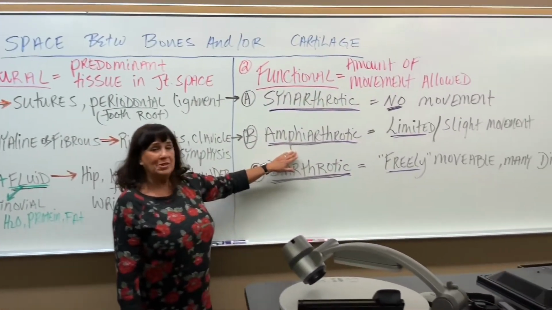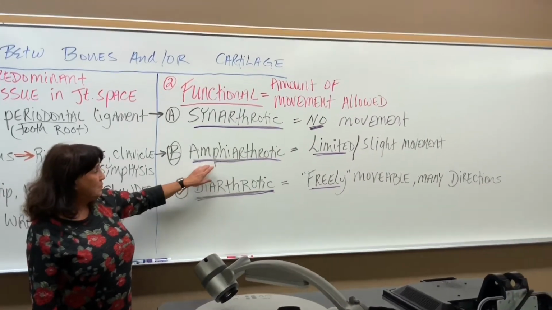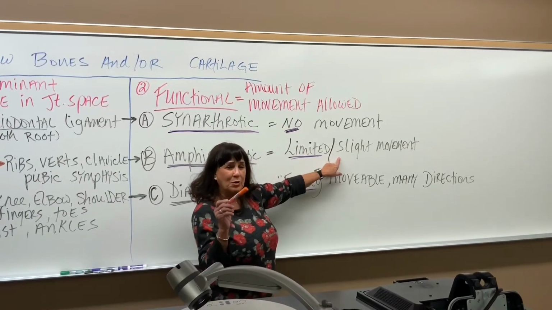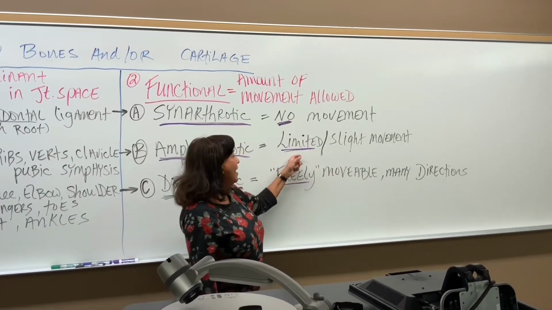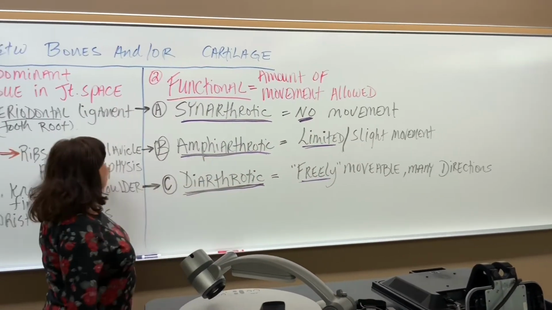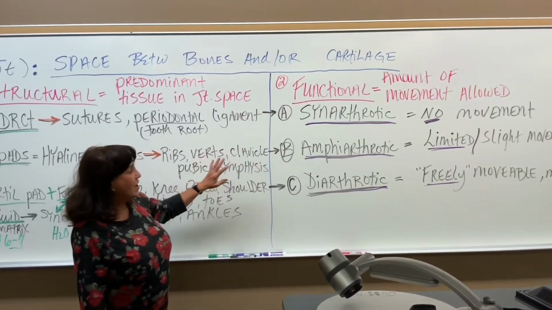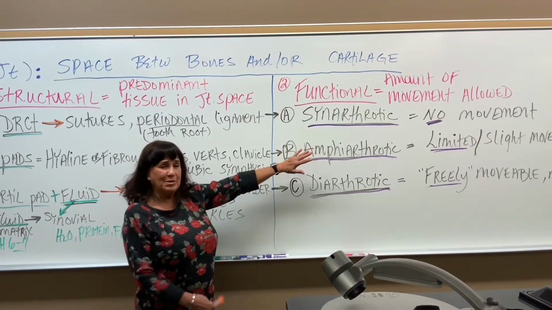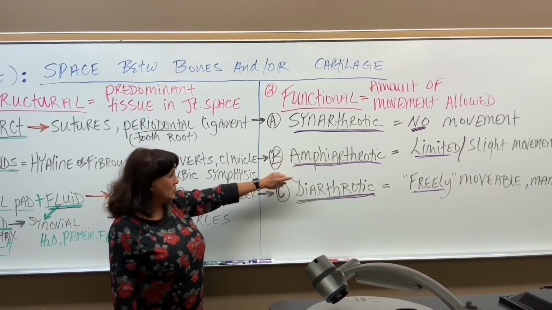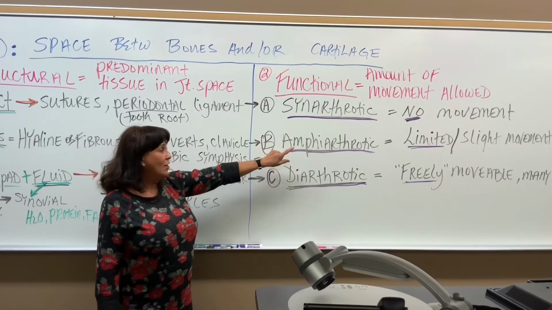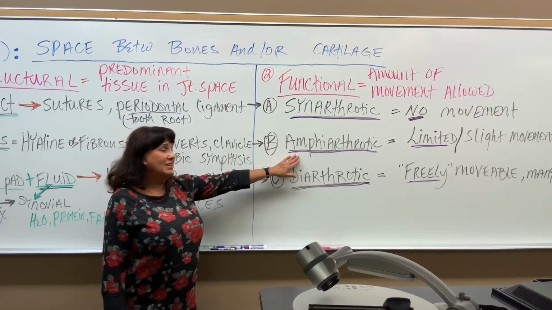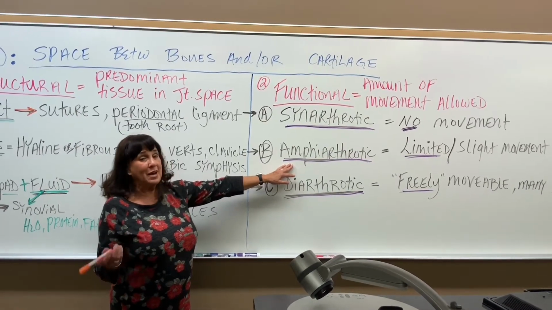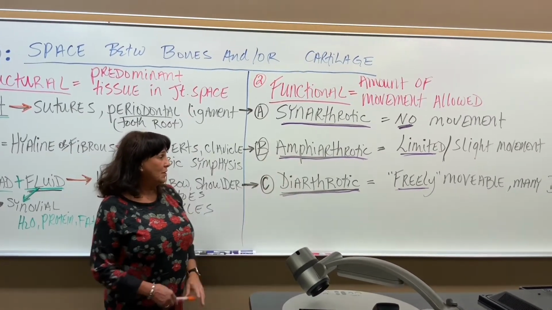Well, its name is called amphiarthrotic. Amphiarthrotic means limited, or just a little bit, slight movement, not much, okay? And so just look at where these types of joints occur, and then you know there's not much movement. Your back moves some, and your pubic symphysis moves a little, but not much. And so that's called amphiarthrotic, okay? Amphi is like amphibian. It spends a little bit of time in the water, a little bit of time on the land. And arthrotic means movement.